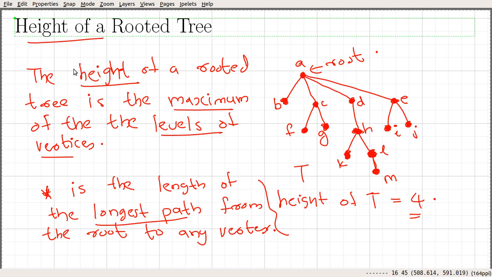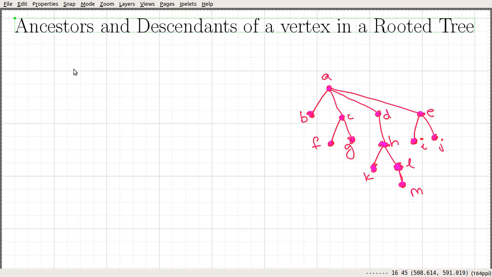Let's see two more definitions: ancestors and descendants of a vertex in a rooted tree. Let me give the definition of an ancestor.